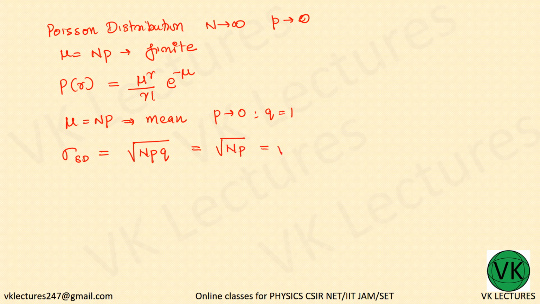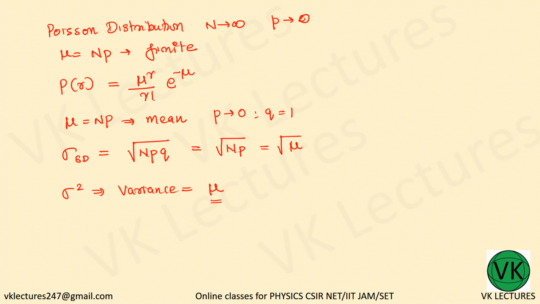So root of mu is sigma, or sigma square, which is the variance, is equal to mu. So for this Poisson distribution, sigma square, the variance, is equal to the average value mu.